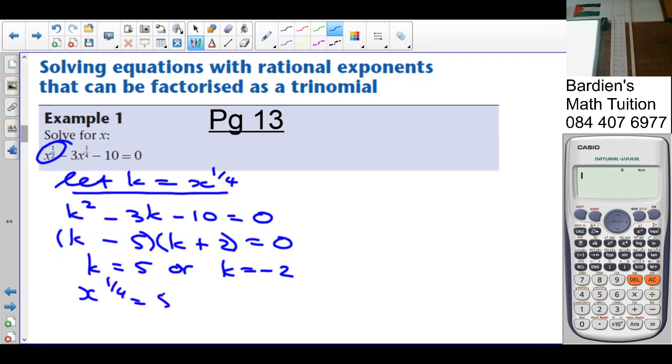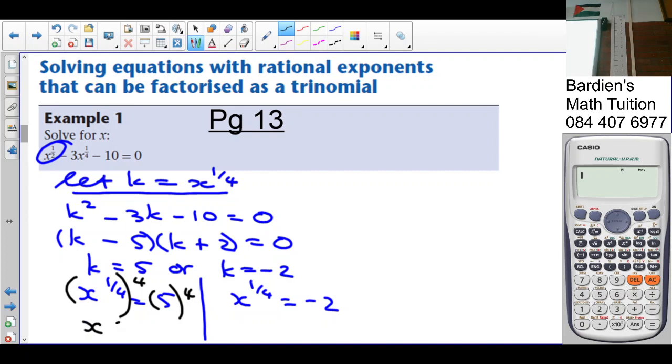So what was the rule I told you yesterday with regards to the denominator being even in the exponent? The number must be positive. Is this number positive? Yes. So what I do is I raise it to the exponent 4 for both sides. Why 4? Because 4 is the reciprocal of a quarter, or 4 over 1.